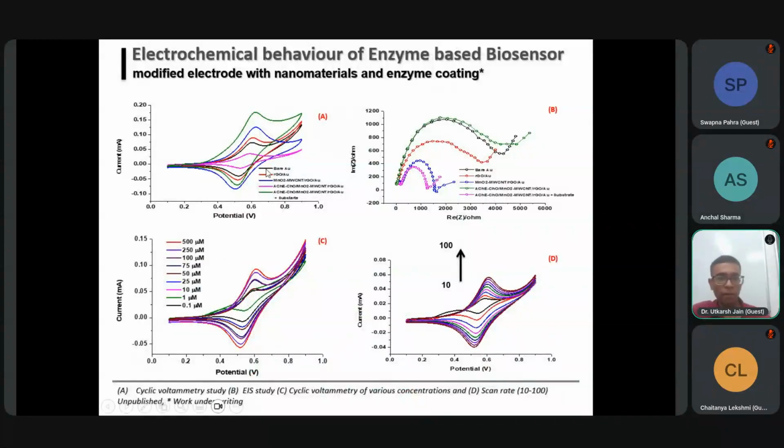So as you can see now, this is the graph. Most of the electrochemical PhD students know this graph: this is the cyclic voltammetry, and this is the electrochemical impedance spectroscopy.